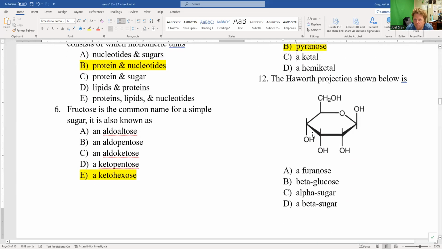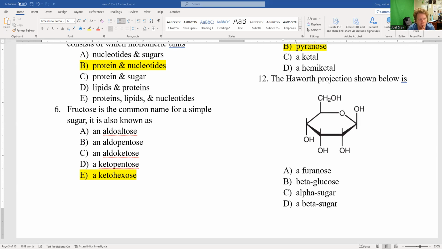The Haworth projection below is shown. First of all, we're presented with a couple of different options. Answer option B presents you with glucose as a part of your answer.